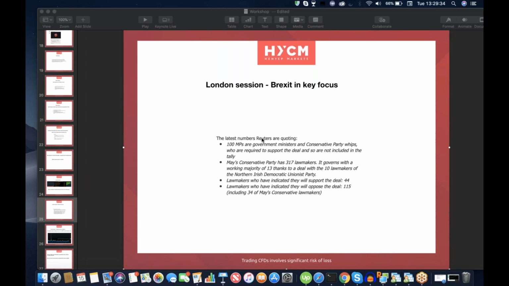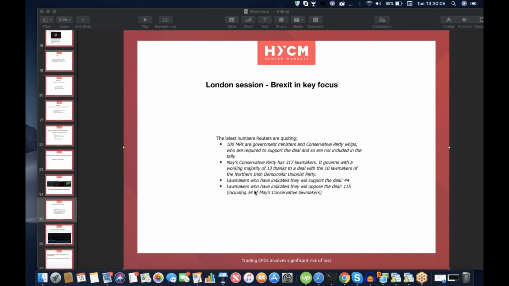These are the latest numbers out of Reuters. There are 317 votes for May's Conservative Party. She only has a working majority of 13, and that's thanks to a deal with 10 members of Parliament from the Irish Democratic Unionist Party, the DUP. Now, she has 44 people who will support the deal, plus the 100 that have to agree to support her.